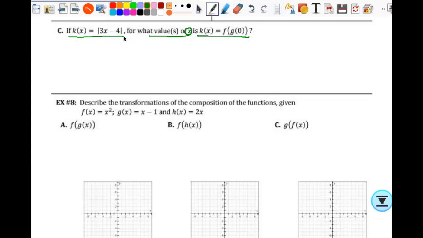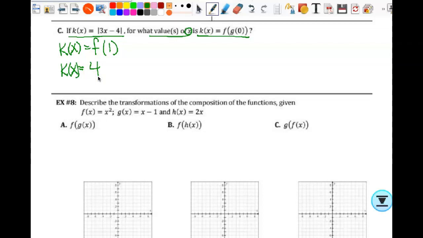But it says for what values of x is k of x equal to f of g of 0? So that means that k of x is equal to f of, what is g of 0? 1, okay. And then k of x is equal to, what's f of 1? 4, okay. So it's saying for what values of x is k of x equal to 4, basically, right?